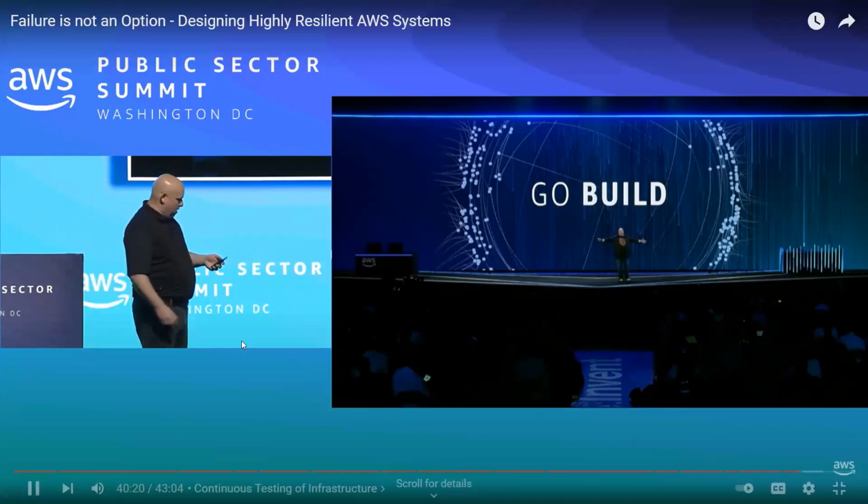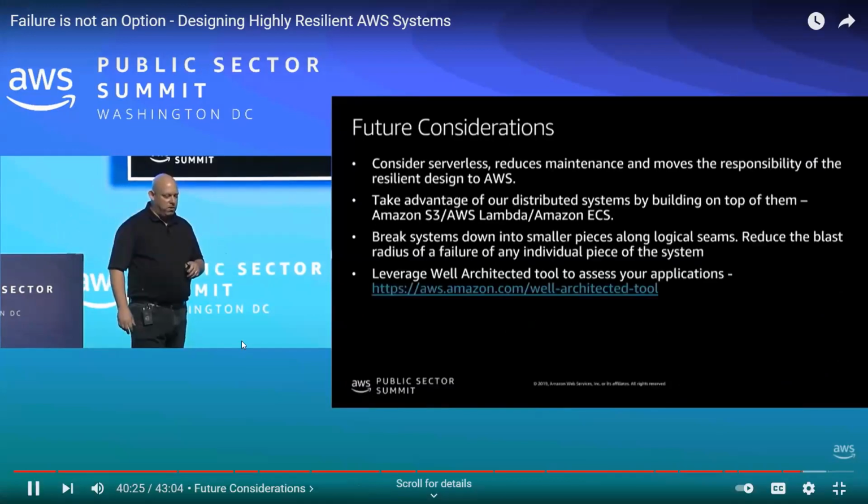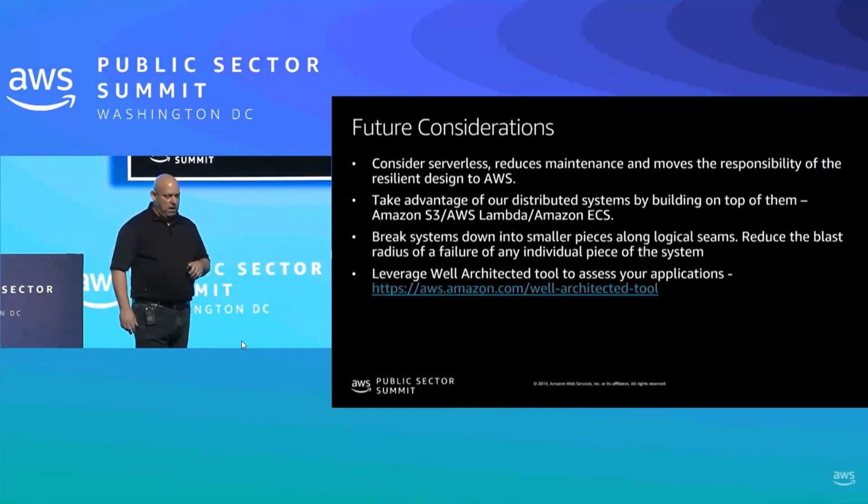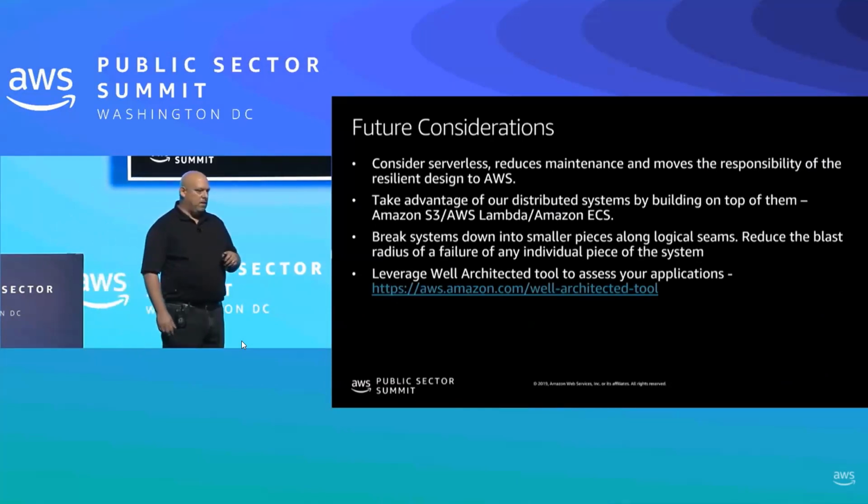Now we're going to wrap up with a couple of items. I want to talk about some future considerations as you move to the cloud. First is really going serverless. If you're maintaining things like AMIs, ideally you want to get to a point where you no longer have to maintain AMIs. You want to worry about building your business logic and business services, doing things that are going to add value.